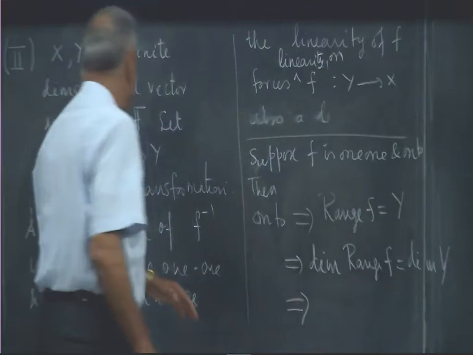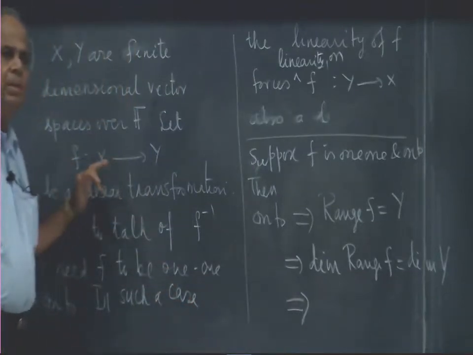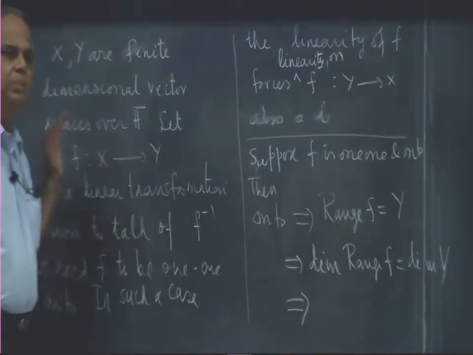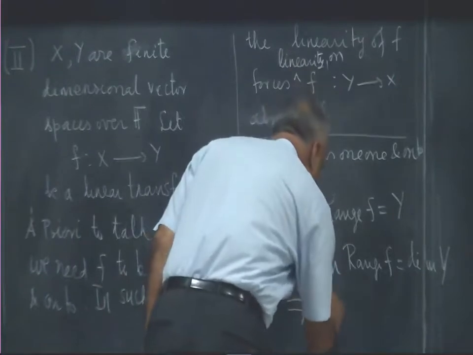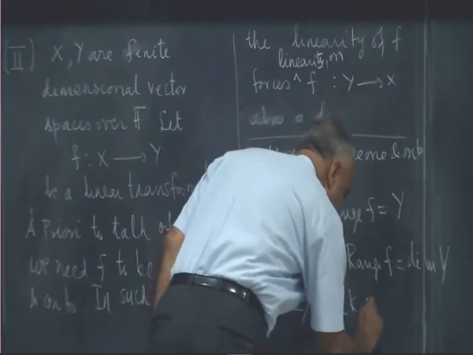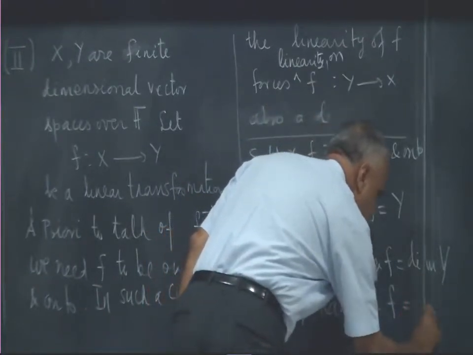If you think of this as an n-dimensional space, this is another m-dimensional space, this is a matrix, then this is the same rank and nullity. So the rank of F is the dimension of Y.